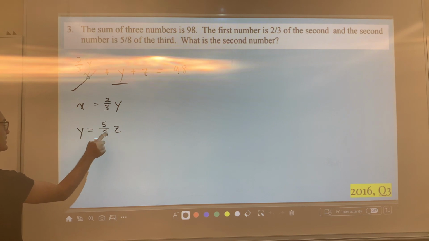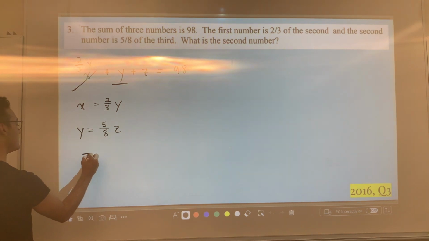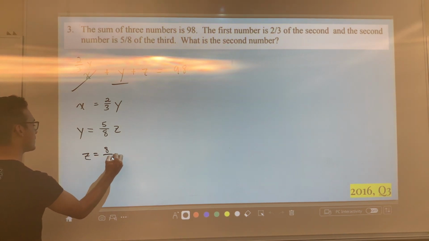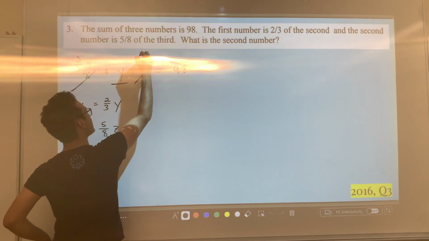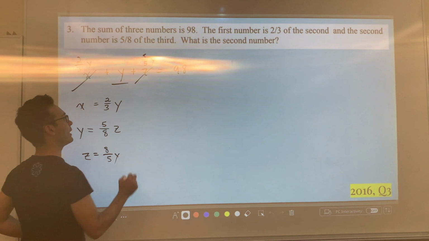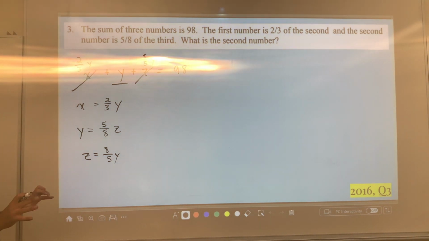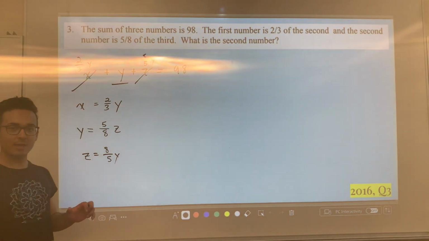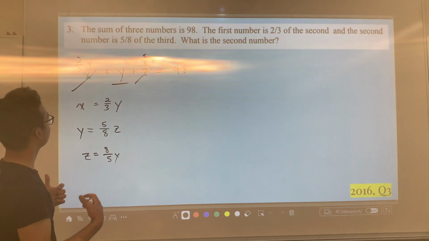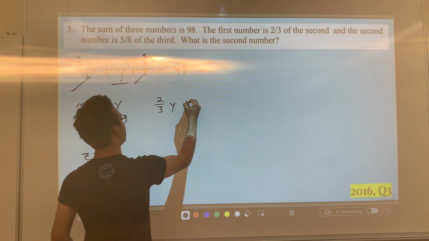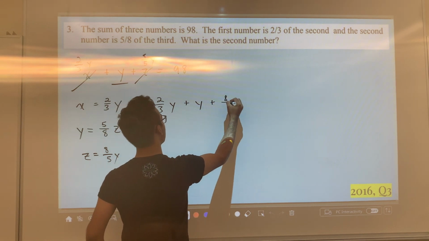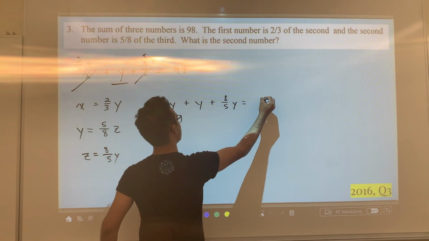So I multiply both sides by 8/5 and get z is equal to 8/5 y. Now I can replace z and I get 8/5 y. So now we have a single variable expression that I am able to solve. 2/3 y plus y plus 8/5 y is equal to 98.